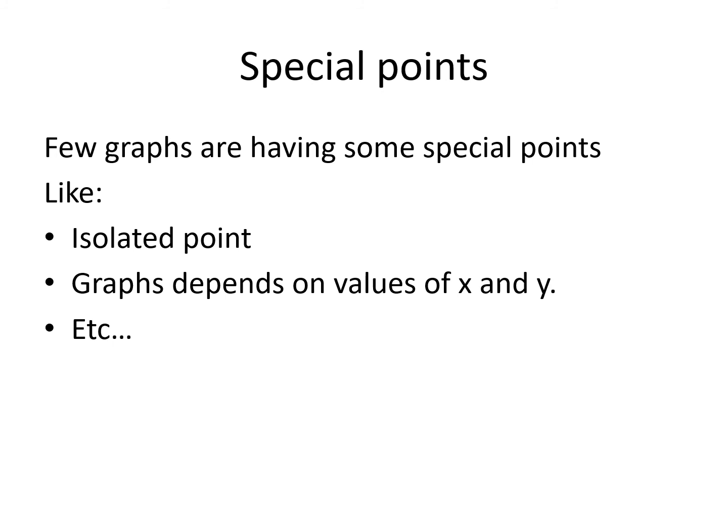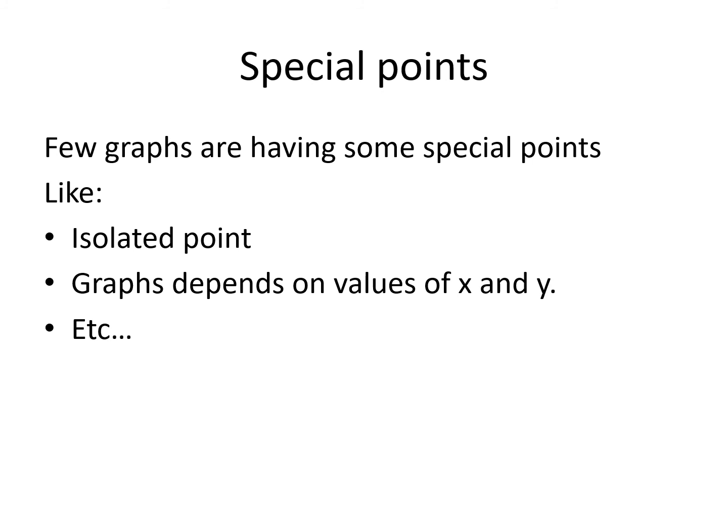So sometimes we have to put in values of x and y and check where the curve exists for those values. I will give you an example for that in the next slides. So these are some special points not covered by the earlier discussed 5 rules, so that will be under this category, that is, special point.